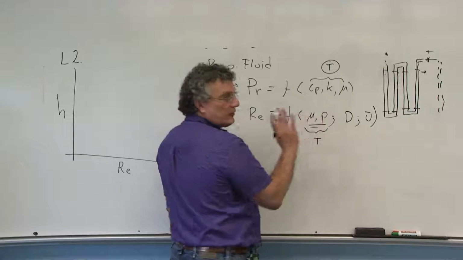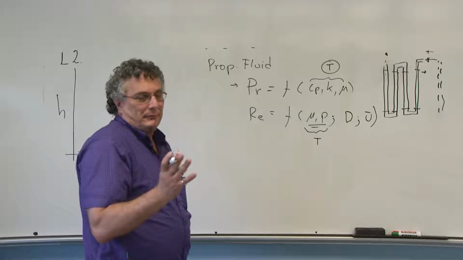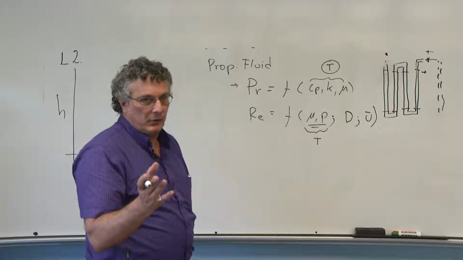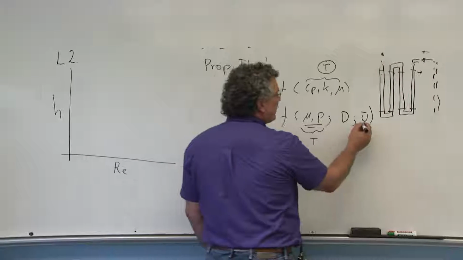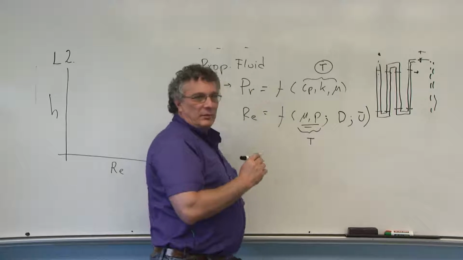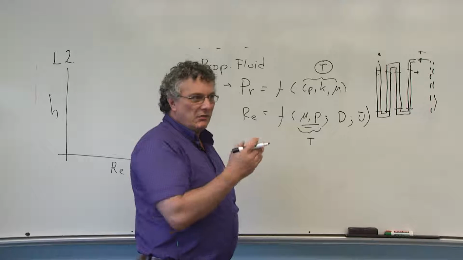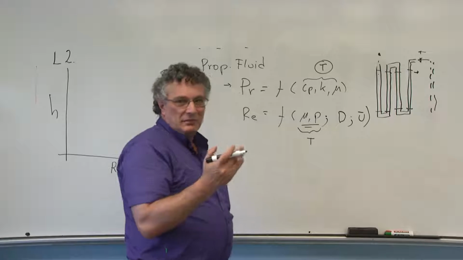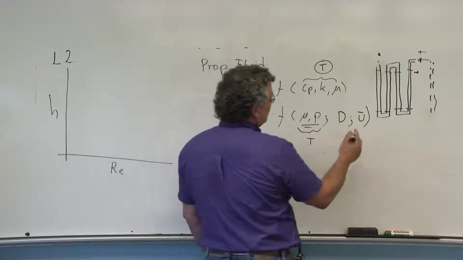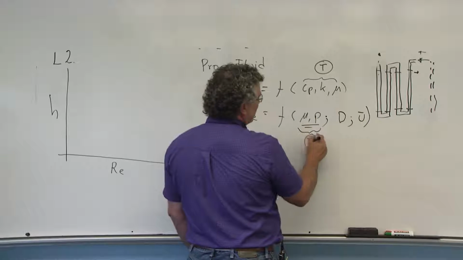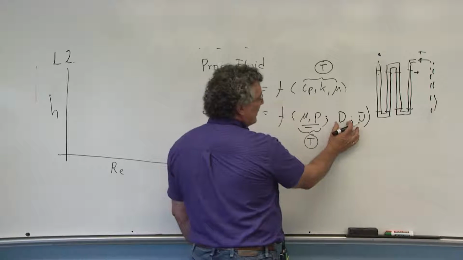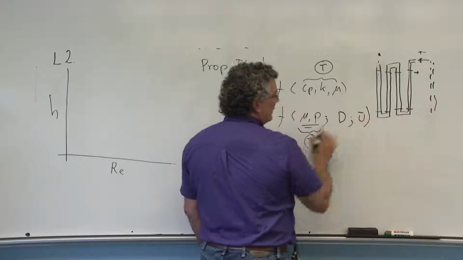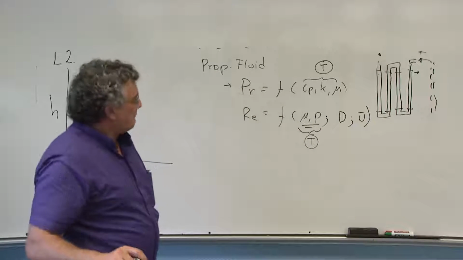This is not a function of anything, it's just fixed. Well, unless you consider the expansion, but it's so small. The velocity is a very weak function of the temperature, simply because the density can change and we use a volumetric measurement. So it's probably independent also. So these ones depend on temperature, this depends on the geometry of the system, and this depends on the velocity.